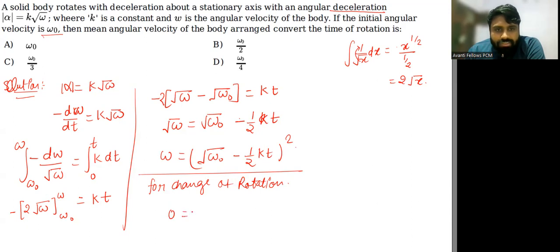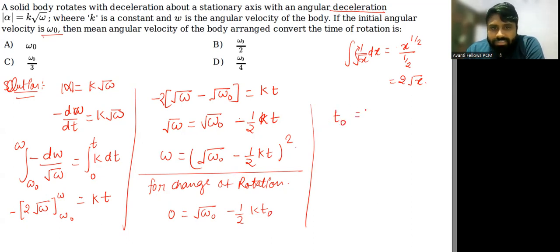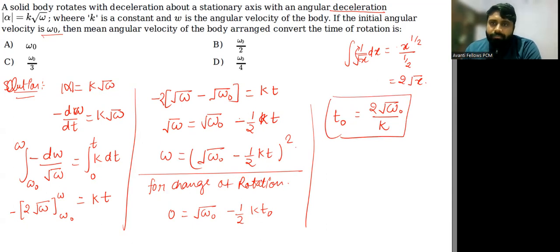So you will have 0 equals root omega naught minus 1 by 2 kt. This square will also vanish. So this time is, let's say, t naught. So t naught is the time which is equal to 2 root omega naught divided by k. So for this time, the velocity will change its value. Okay.